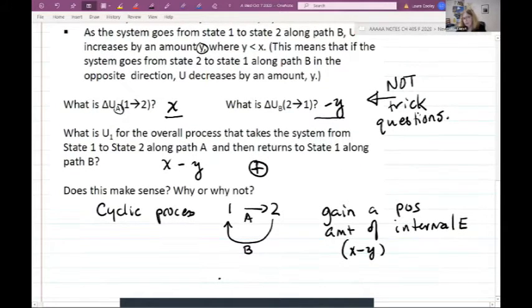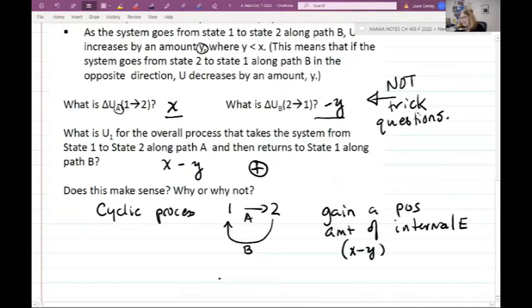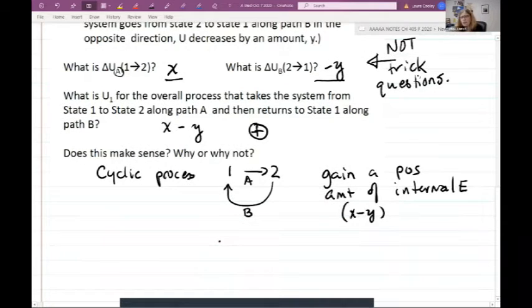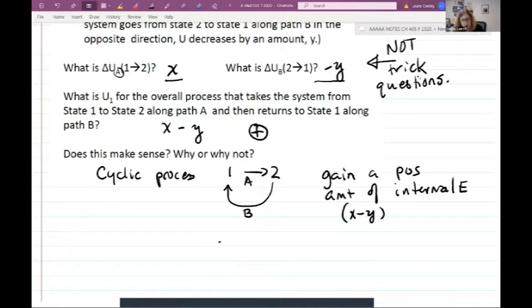So what would be the consequence of that? By cycling back to the same state, you would increase the system's internal energy every time, right? So that's really fantastic. If that were able to be done, then we wouldn't ever have to worry about fossil fuels or nuclear fusion or nuclear fission or anything like that.